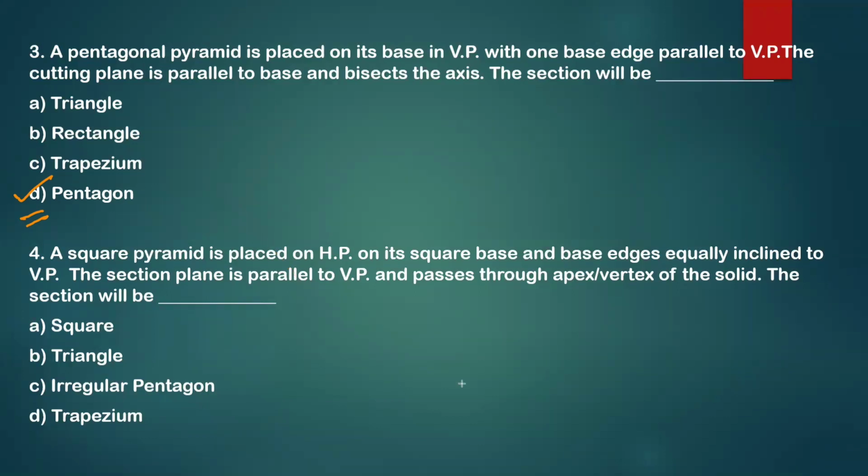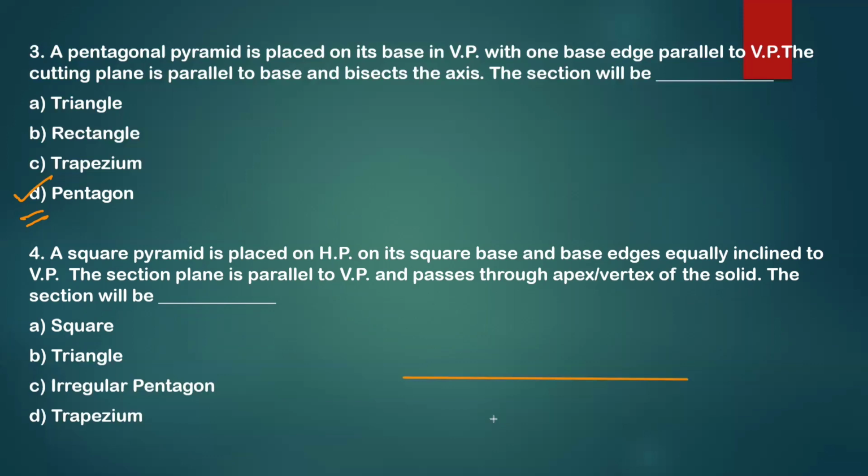So this is the reference axis. Now, the square pyramid is placed on the HP, which means the true shape of that square we will get in the top view. So we will draw the square here, resting on its square base. The base edges are equally inclined to VP, which means it is resting on the corner condition.